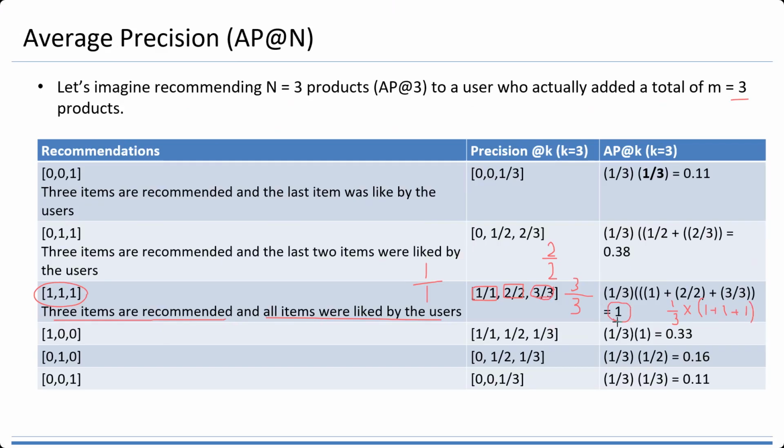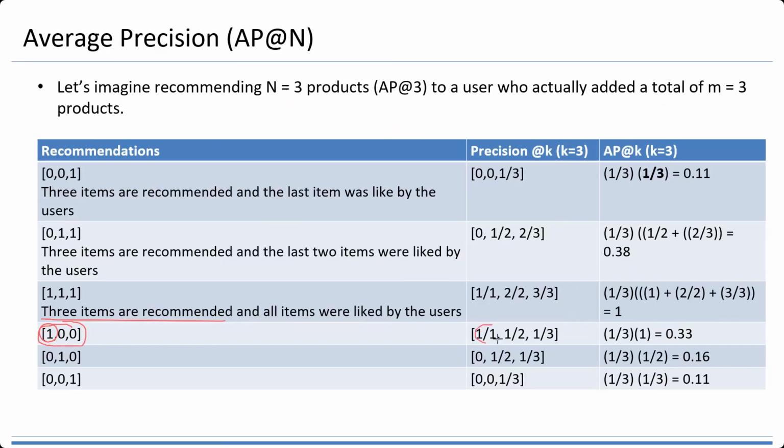So there can be another variation. For example, this one: 1, 0, 0. What does it mean? Three items are recommended and the first item was liked by the user. So in this case, how can we measure the average precision?